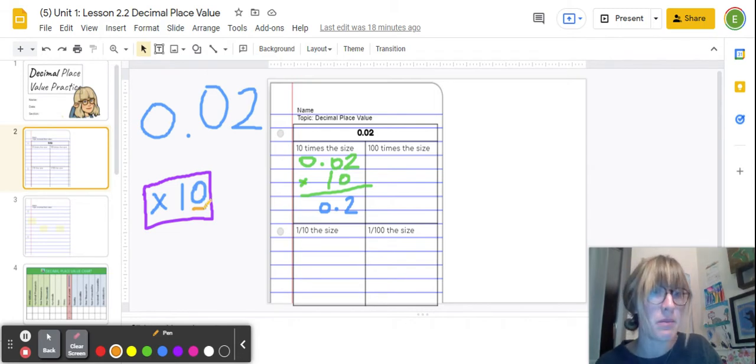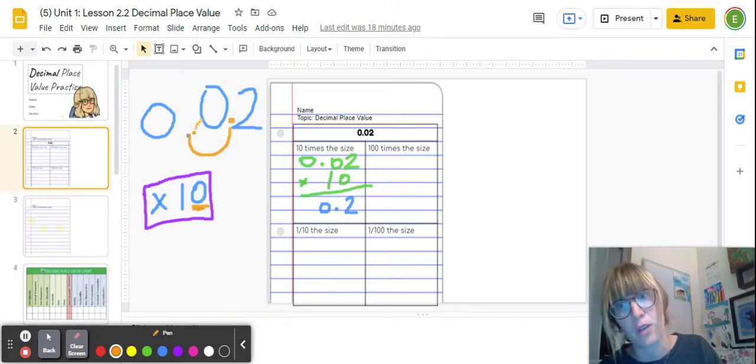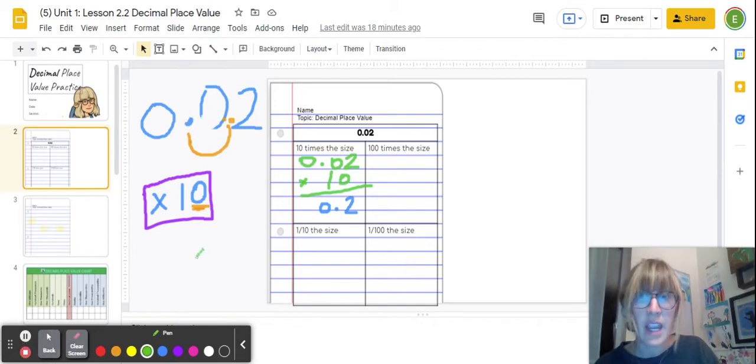I'm going to whoop my decimal one place value spot because there's 1 zero, just like in our chart. But instead of using the chart, we're going to whoop the decimal one place value spot for that 1 zero.